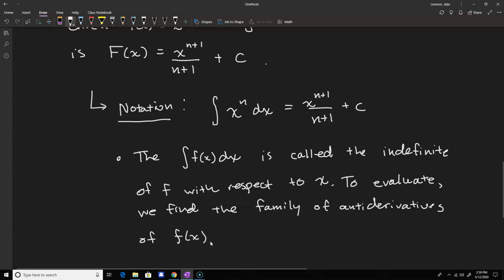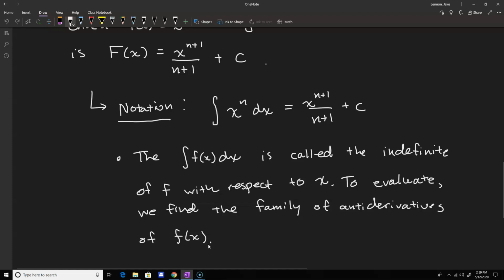So in the short term, all the shortcuts that we had derivative formulas for, we will have antiderivative formulas for. And then for all the techniques of differentiation, product, quotient, and chain rule, we'll develop some techniques for antiderivatives to figure out what those are.